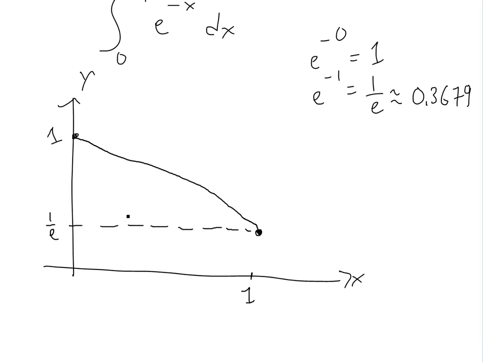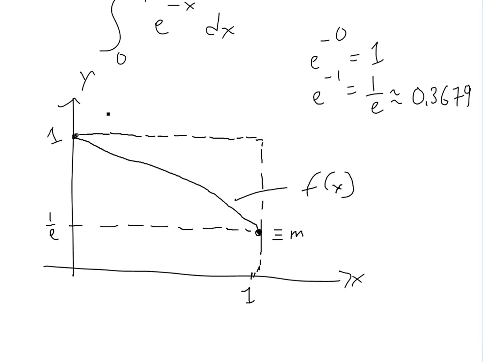So from property 4 here, if this is f of x, we could let this one be little m, and this is equivalent to big M, because if we draw the rectangle across from there to there, this length is 1, and this height is 1. So the capital M is that, and this is little m here.